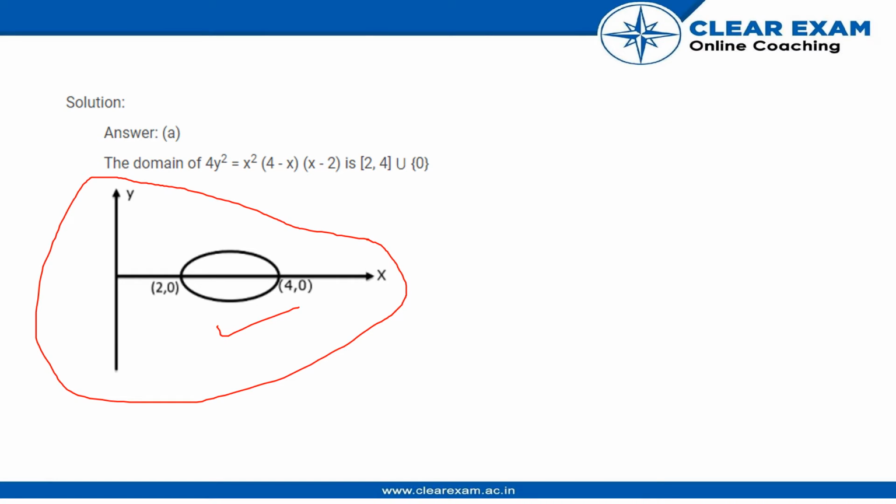This is the curve. It has two end points, and it is symmetric. Take any point at this x, let's say the y is the same. Similarly, at this x, the y is the same on both sides, positive or negative.